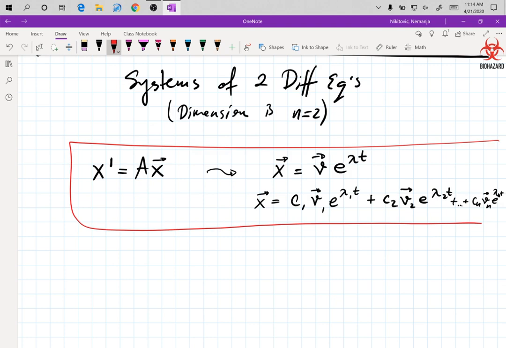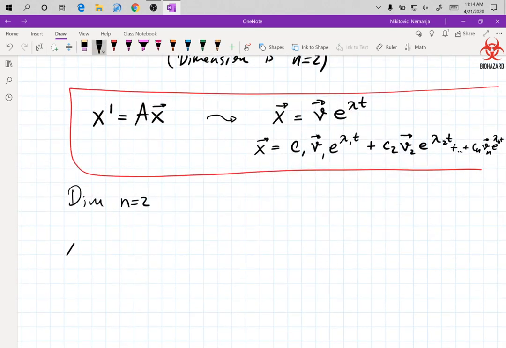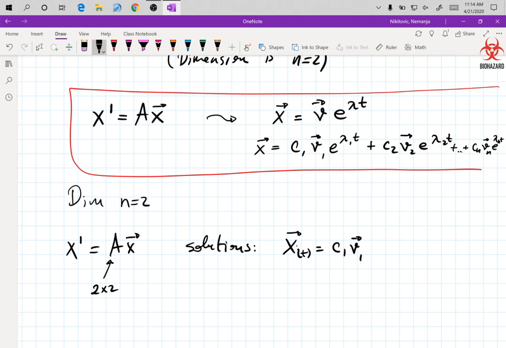We also learned now for a dimension 2 that for our x prime equals Ax, this is going to be 2 by 2, and we are going to have our solutions given by x of t is going to be C1 V1 e to the lambda 1 t plus C2 V2 e to the lambda 2 t.